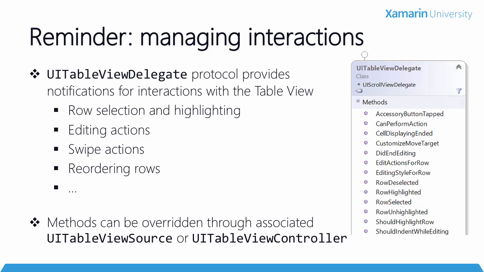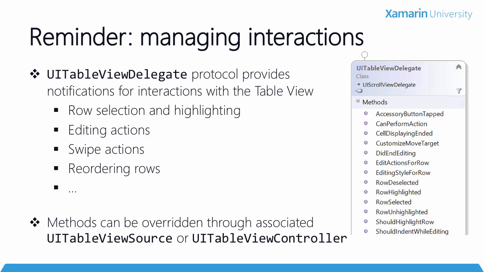You associate the data source through a UITableViewDataSource object, and the delegate through a UITableViewDelegate object. You supply these by deriving from those 2 classes, creating an implementation, and then setting some properties on the table view itself. More commonly, we combine these 2 together using a UITableViewSource, or if you're presenting a full screen table view, you can use a UITableViewController.